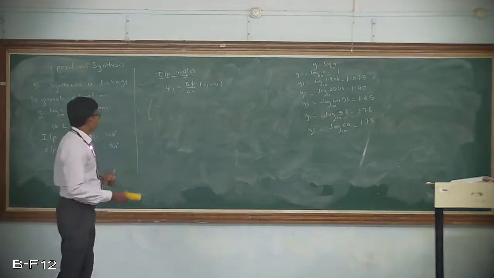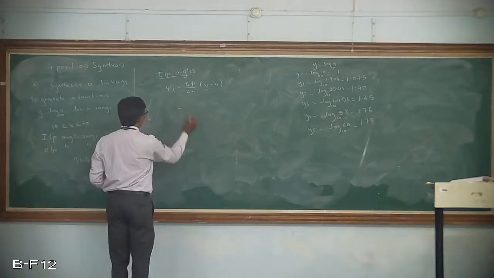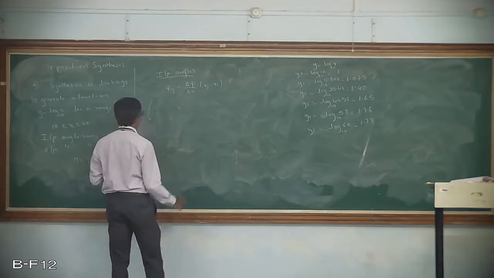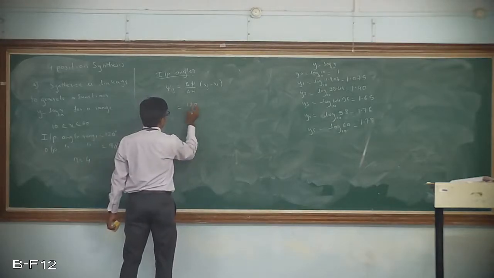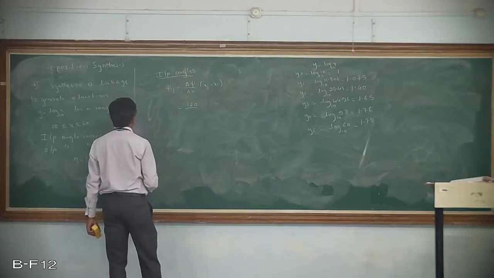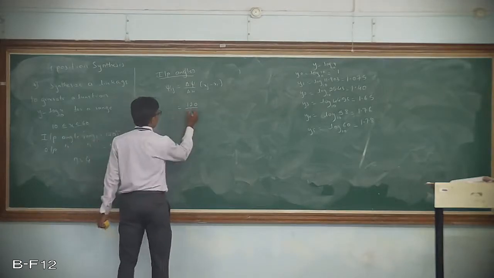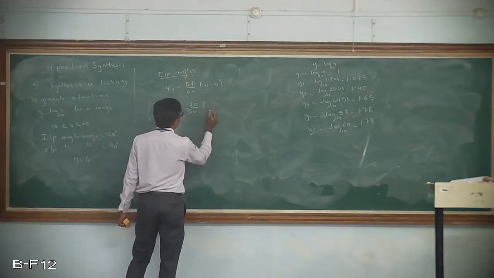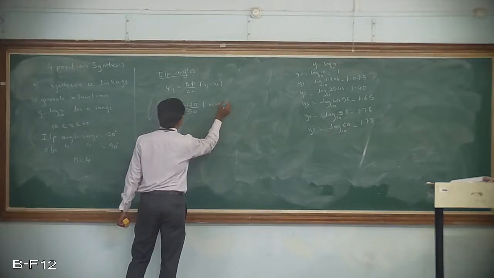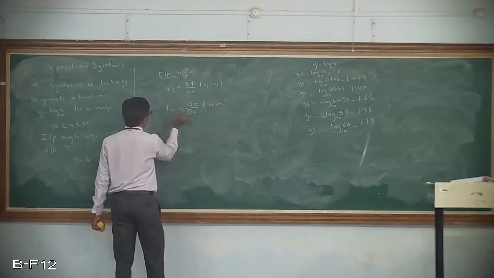Based on this, if I consider the input range as 120, and the range of x is 50 degree, xj means x2 minus x1. So we are finding out xi12.